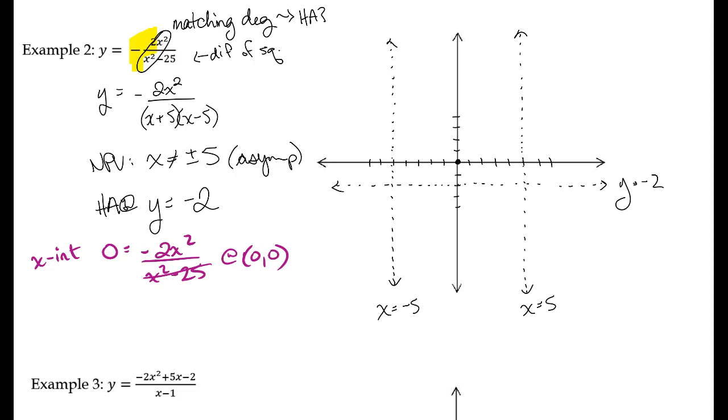From there, we can test some values to see what we would expect to be happening in this graph. And what we're going to see is we can make a table of values and just plug and chug if that makes sense to you. x and y, negative 7, negative 6, negative 4, negative 3, negative 2.